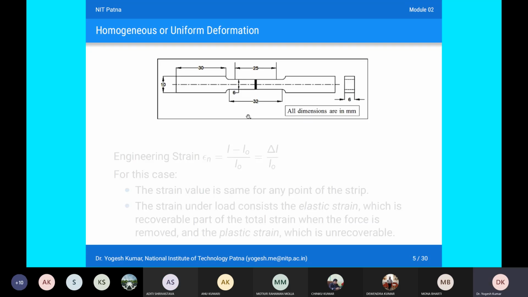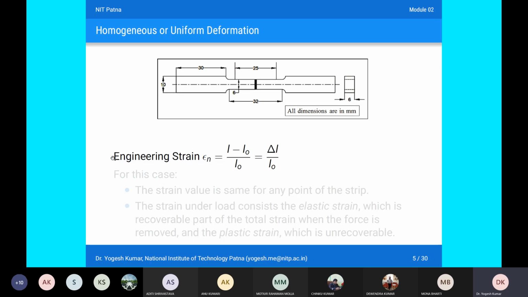Till now, for your tensile test, how are we defining your strain? We are defining your strain in relation to the original length of your test specimen, or the initial length of your test specimen.